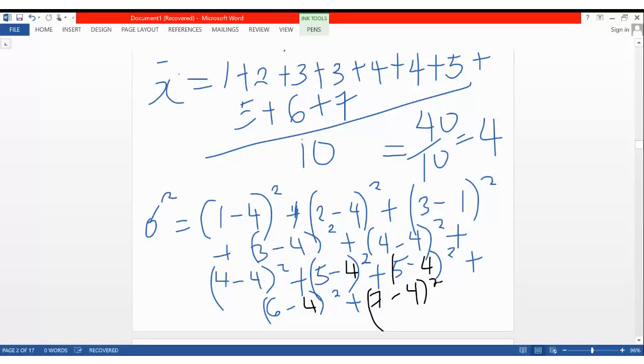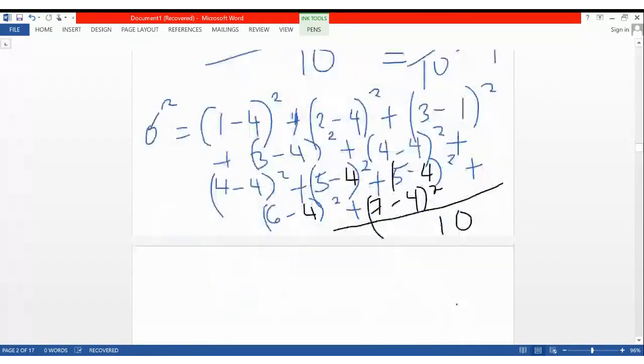So the first one I'm getting as what? That is 1 minus 4, that is negative 3. When you square it, you get 9. You can't get a negative answer here. Plus 4. This one is supposed to be 4. Sorry for that.